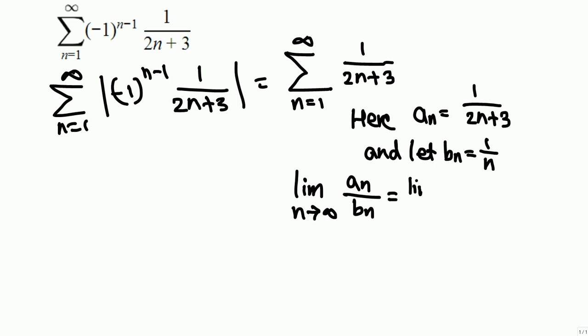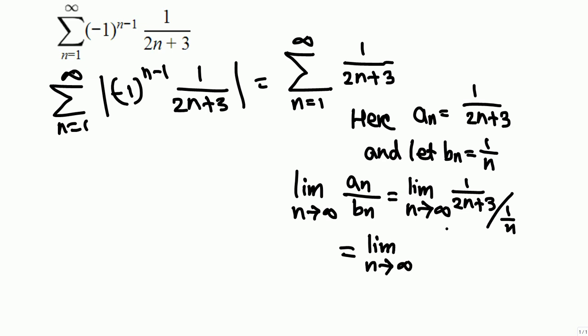That is the limit as n goes to infinity of an, 1 over 2n plus 3, divided by bn. bn is 1 over n. That is the limit of 1 over 2n plus 3, and division becomes multiplication, 1 over n is n over 1.